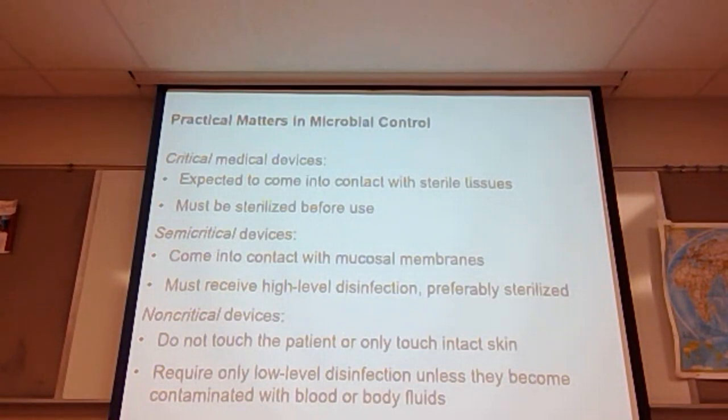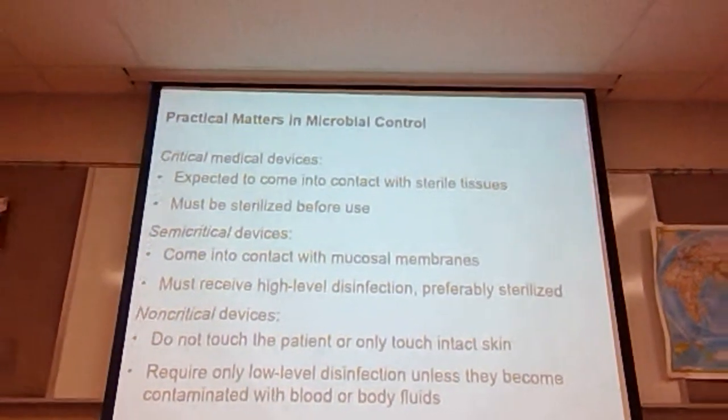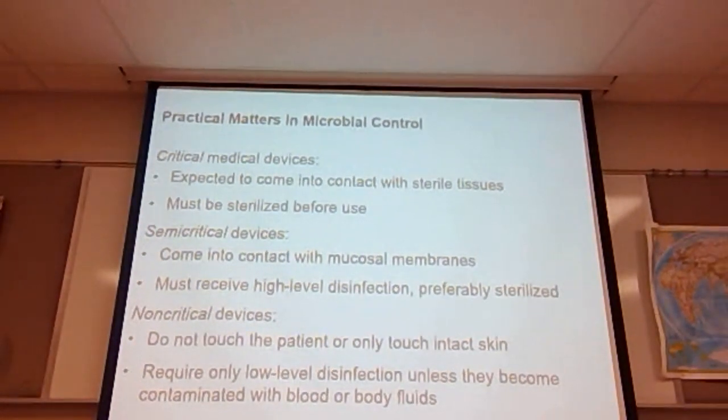Semi-critical devices come in contact with mucosal membranes. These receive high-level disinfection, preferably sterilized. Again, there are lots of patients out there who have to perform home catheterization. They have some sort of urinary tract issue where they have to insert and remove their own catheters on a daily basis.